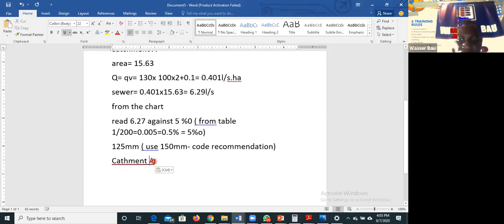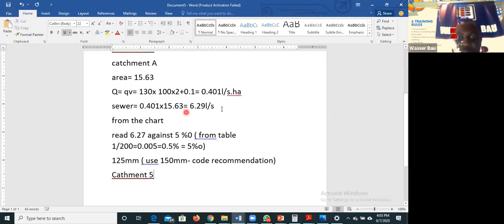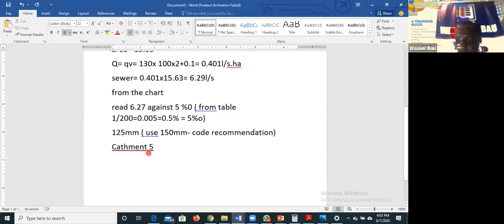For catchment B, all I need to change is this; the calculation from this point remains the same.